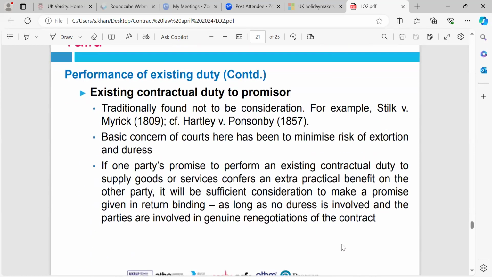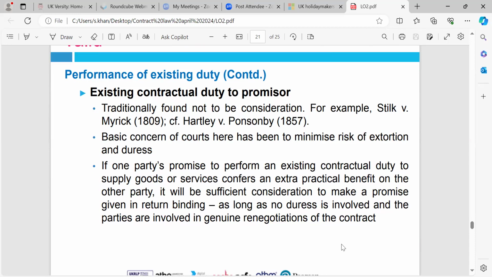Secondly, performance of an existing contractual duty owed to the promisor is traditionally found not to be consideration, for example in the cases of Stilk v Myrick 1809, or Hartley v Ponsonby 1857. The basic concern of the courts here was to minimize the risk of extortion and duress.